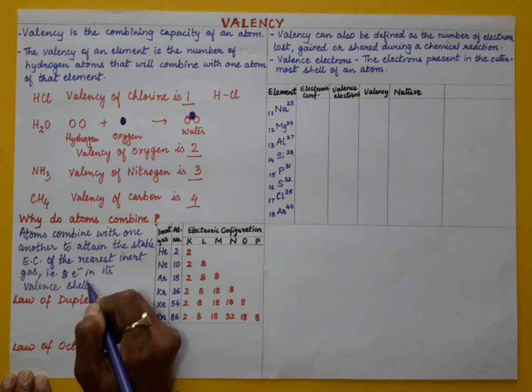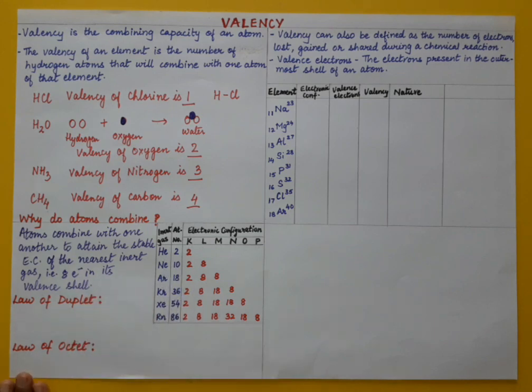So you will see over here all these noble gases have 8 electrons in the valence shell, the outermost shell. Now we have 2 rules, and if any atom is fulfilling either of these rules, octet or duplet, then it is said to be stable.